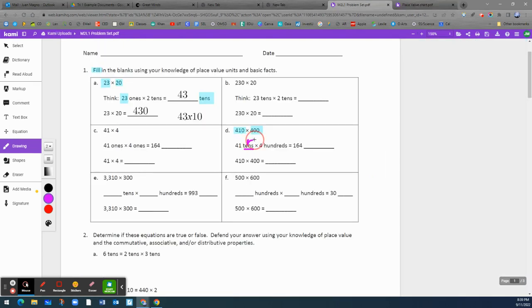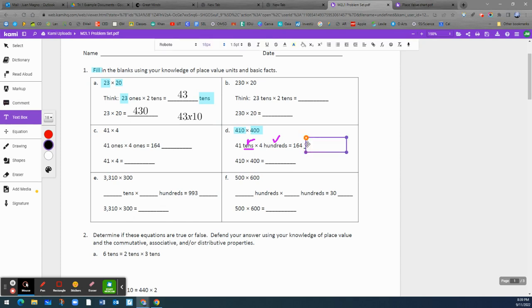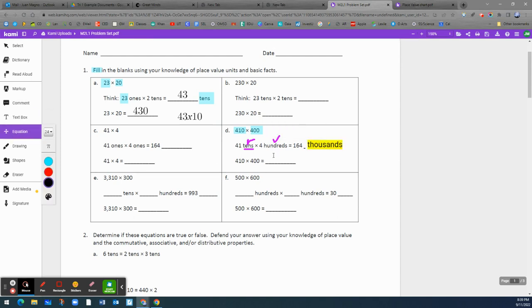Because we have a tens unit here, and we have hundreds, which is 10 tens. 10 times 10 equals 100. And when you multiply 100 times 10, that will yield 1,000 as the product. So this will be 164,000 as a standard form.